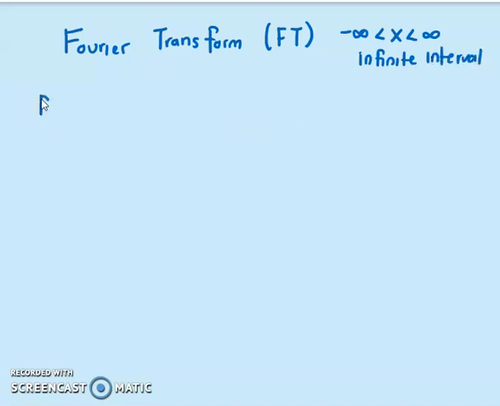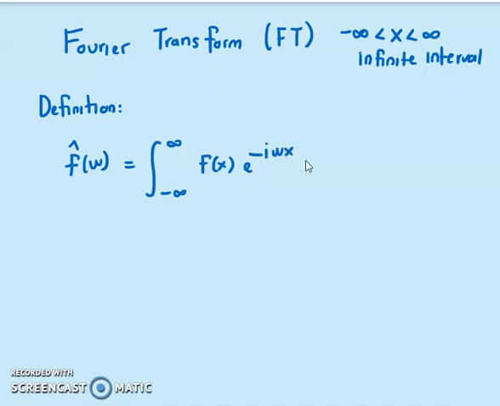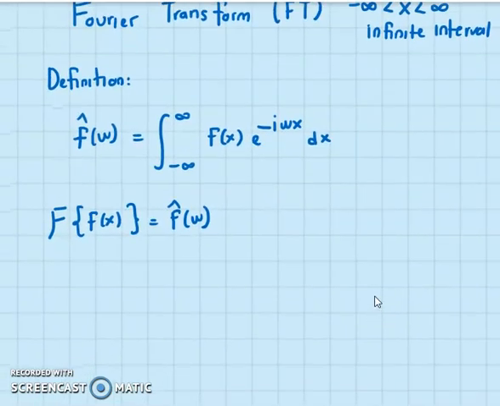The definition of the Fourier Transform is given by f hat omega equals the integral from minus infinity to infinity of f(x) e^(-i omega x) dx. In other words, the Fourier transform of f(x) is given by f hat omega. This is the definition of the Fourier transform.